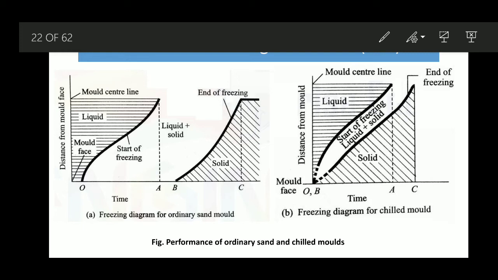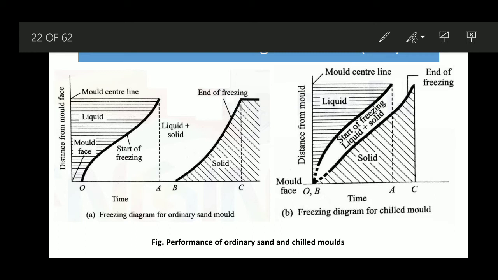If the center line itself has solidified, then feeding of liquid metal will be very difficult. That is the problem sometimes associated with the ordinary sand mold. But if we use the chill, this problem is not prominent, as can be seen from the second figure. I hope you have understood.